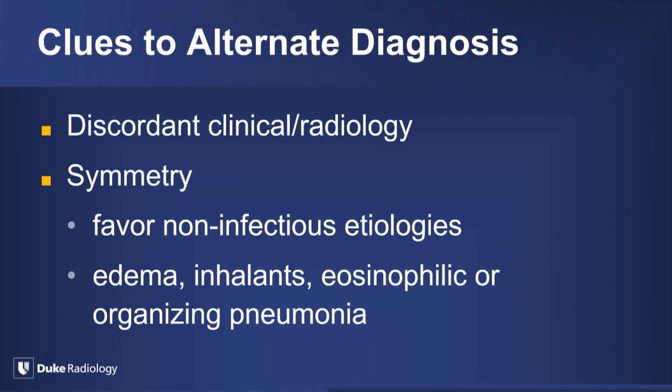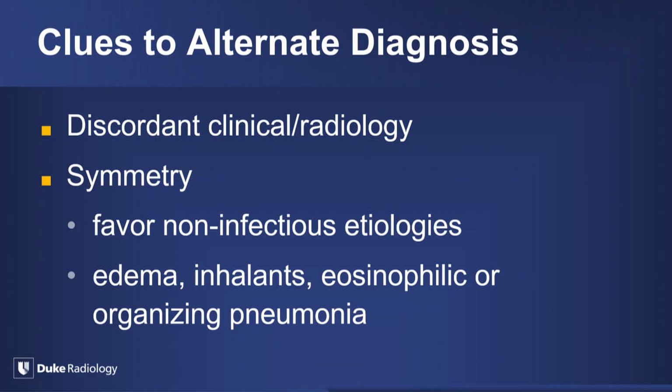So a clue here to an alternate diagnosis is the symmetry. If you think about it, most community-acquired pneumonias that we've all seen tend to be asymmetric processes. They're usually sublobar, right? But when they're multilobar, there's almost always one lobe that's affected much more severely than the other. When you see opacities that are relatively symmetric, that should be a clue, well, hey, maybe this is something a little bit more unusual.